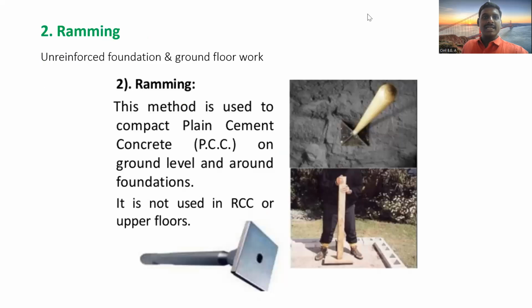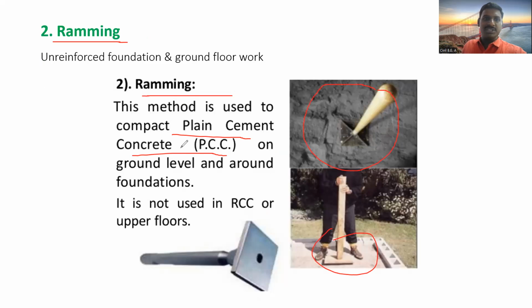So then second, ramming. In hand compaction, the second way is ramming. If you see here, the rammer is there. Using this rammer, this is the method we use to compact plain concrete also.